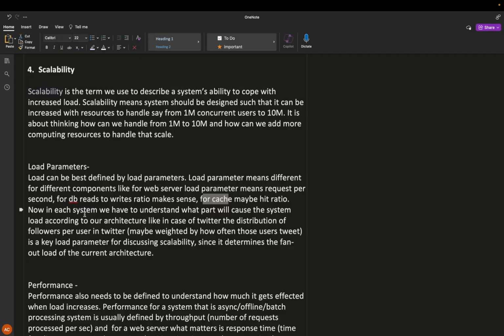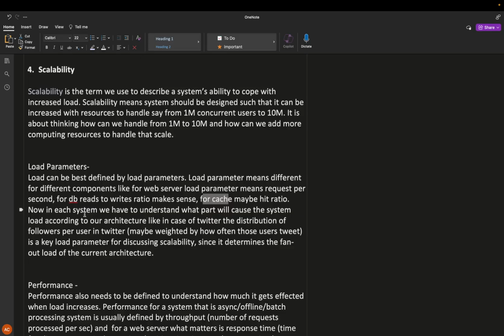So in each system, we have to understand what part will cause the system load, right? Like in the Twitter example given in the book, when a user tweets, the tweet needs to go to all its followers, so the system is loaded by the distribution of followers per user, right?